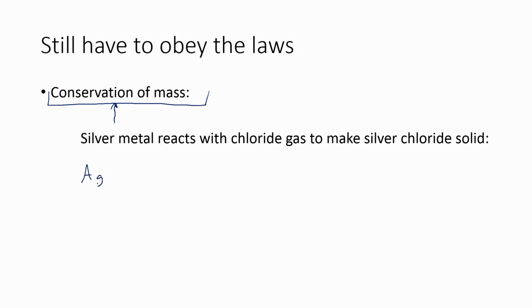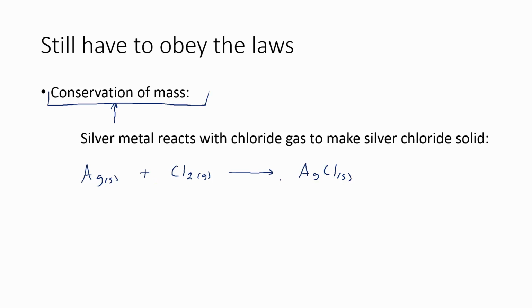So if we say something like silver metal reacts with chlorine gas to give us silver chloride solid, AgCl, +1 for silver, -1 for chlorine, so that's balanced already, and that's it. We have an issue here. I have 2 chlorines on the reactant side, but only one of them seems to be on the product side. So it's like one chlorine has disappeared, which violates the conservation of mass law.